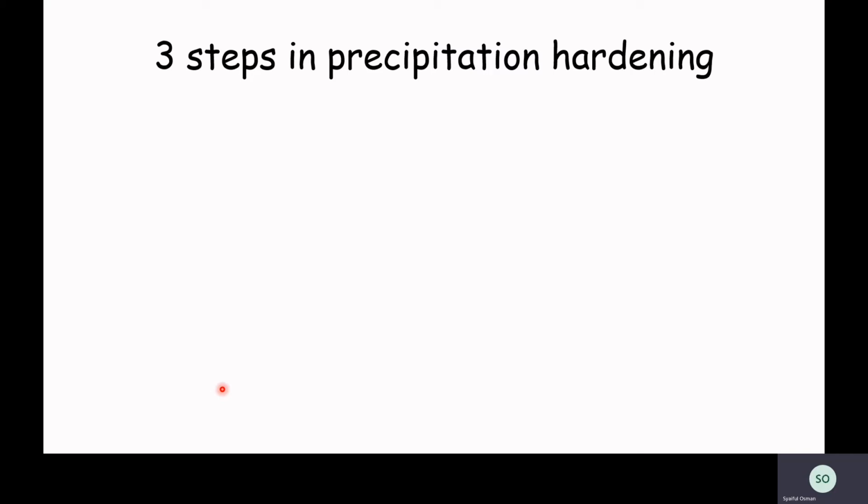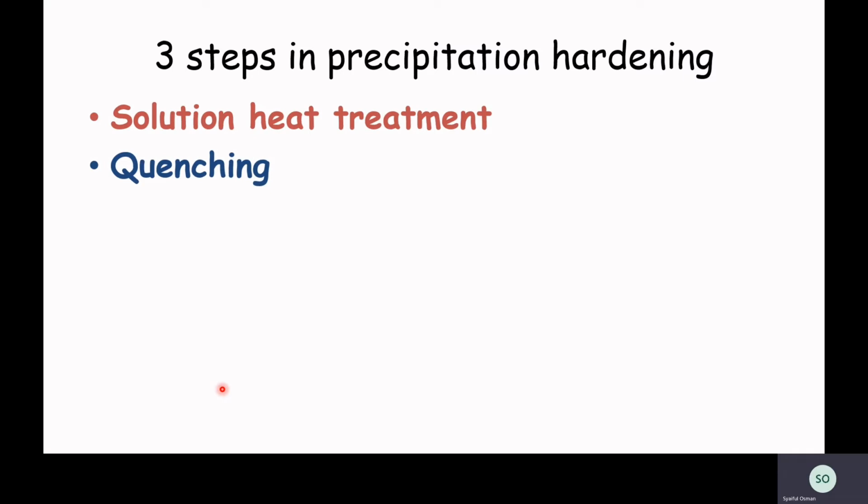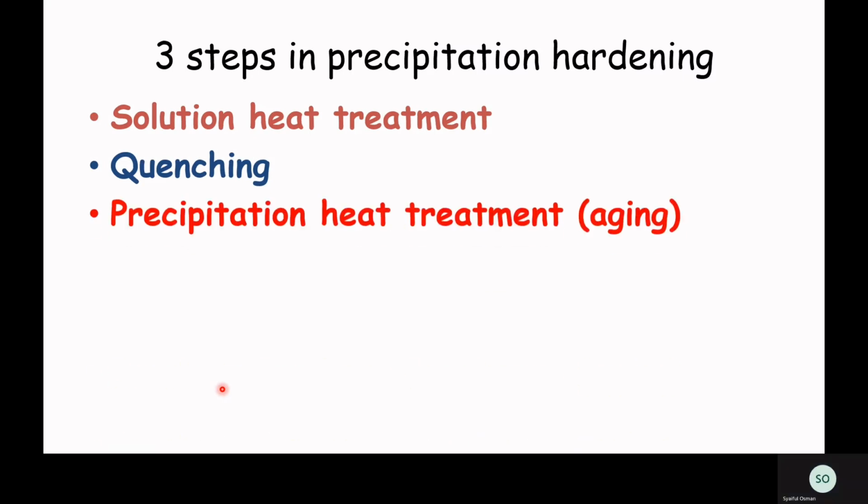First, we have a solution heat treatment. Then we have quenching or rapid cooling. And lastly, we have precipitation heat treatment. And what we got from precipitation hardening is a harder and a stronger material.